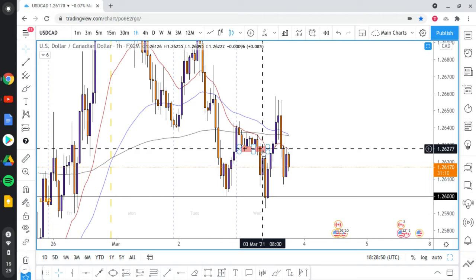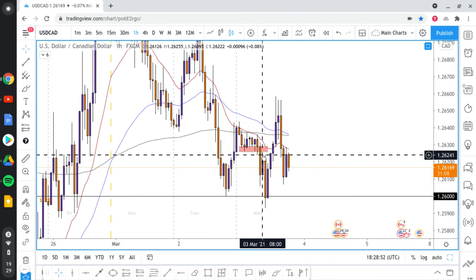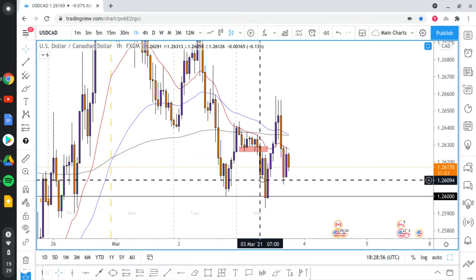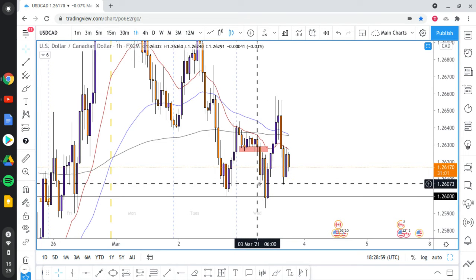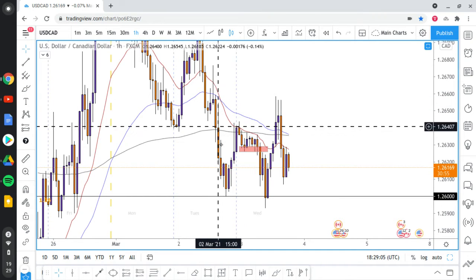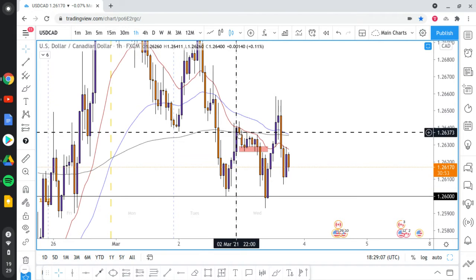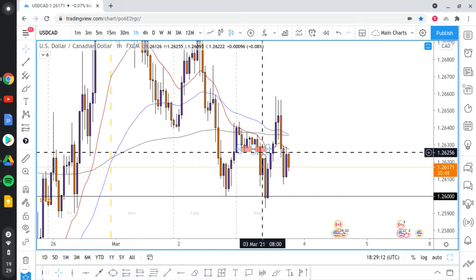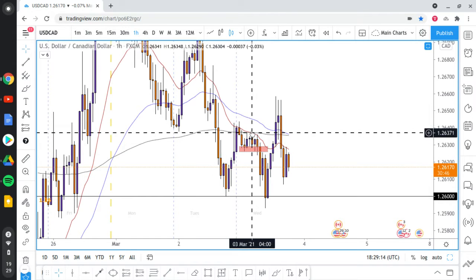So I was essentially looking for a pullback to then look for an entry back down to the bodies of the low, then the ultimate low of the day, and my main target was the low of yesterday.